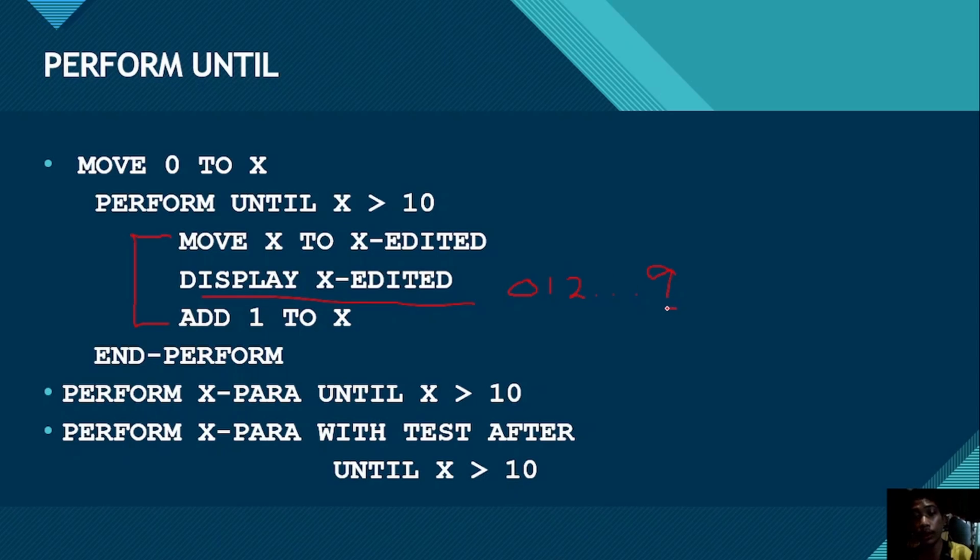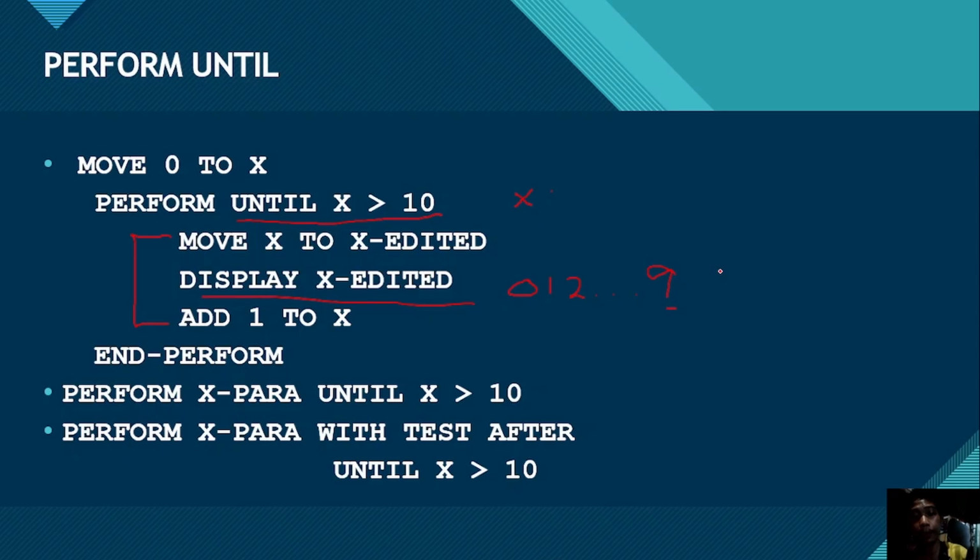Until 9 only, since if we translate it to another programming language, until x is greater than, it means that x exceeded the value of 10. So it would perform until x is greater than 10. So 10 till 11.